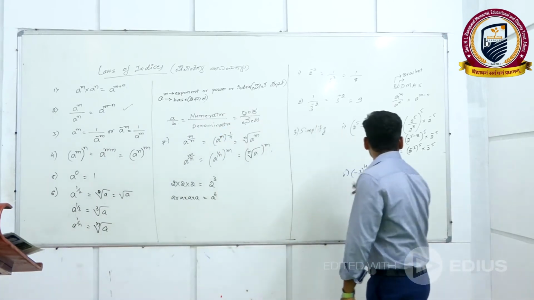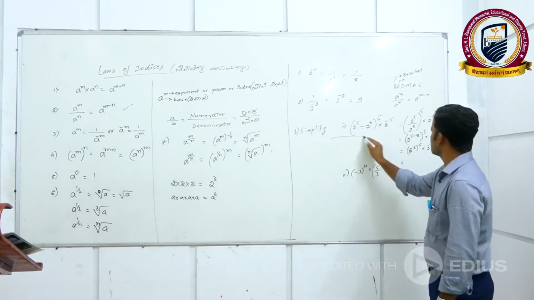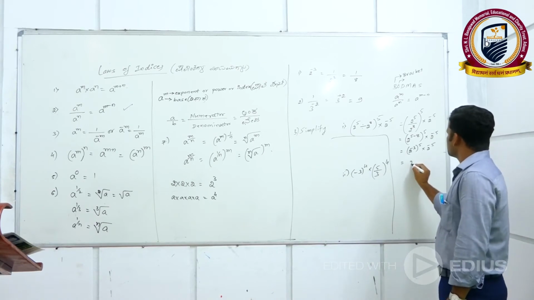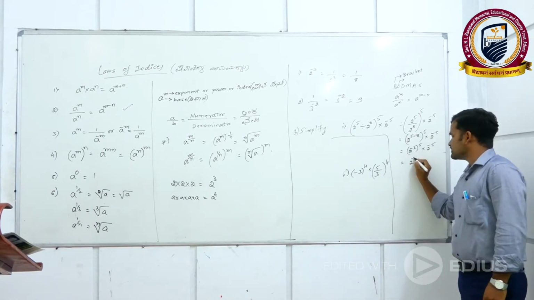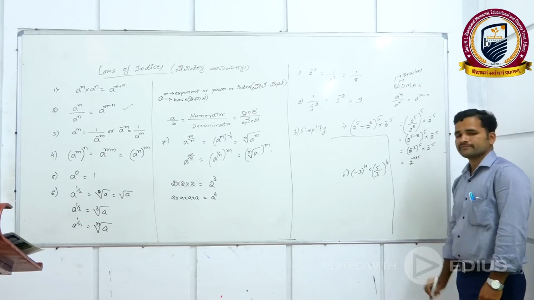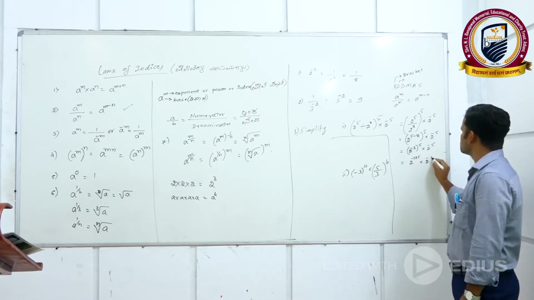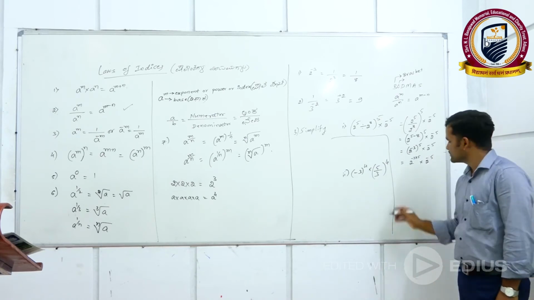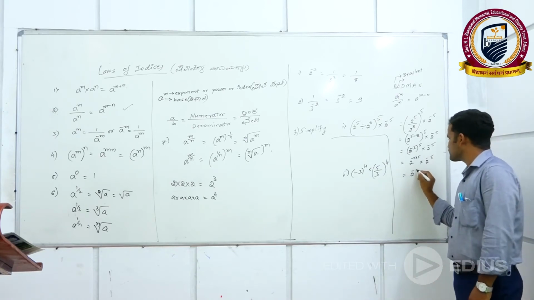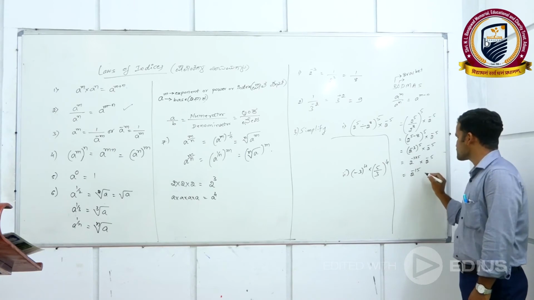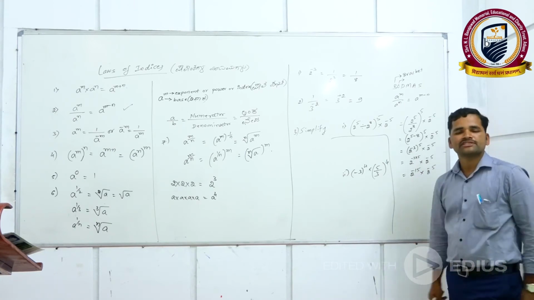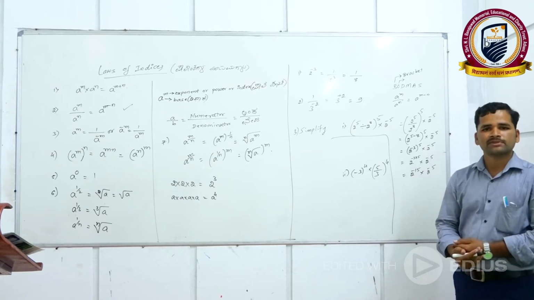So what you do, this is nothing but 2 to the minus 3 into 5, minus 3 into 5, which is multiplied with 2 to the minus 5. This is nothing but 2 to the minus 15 into 2 to the minus 5. Now in which form did it come?